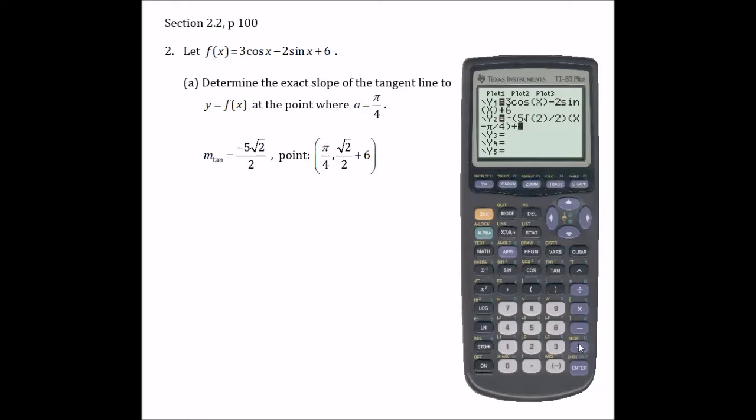And then we want to add on to that the square root of 2 over 2 plus 6. Square root of 2 divided by 2 plus 6.